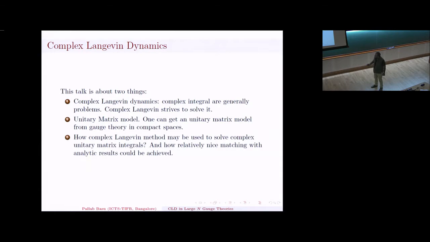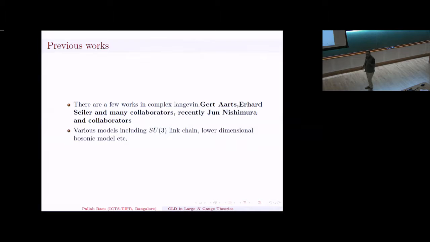Just to mention, there are a few other works on complex Langevin dynamics. I won't go through the whole history because it would take all my time, but mostly in recent years, Aarts, Erhard Seiler, and many other collaborators are working on complex Langevin dynamics. I am not a lattice or numerical person, so I may miss somebody who is sitting in the audience. Sorry for that.